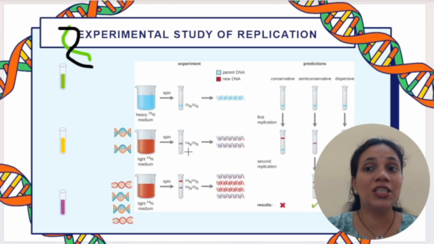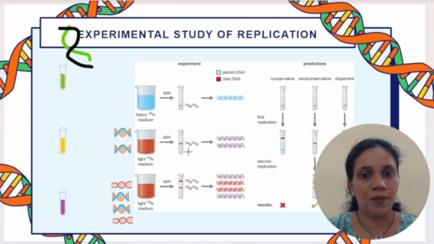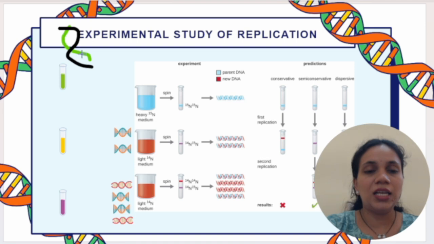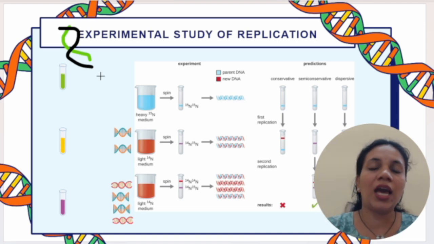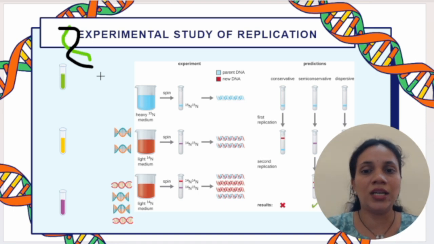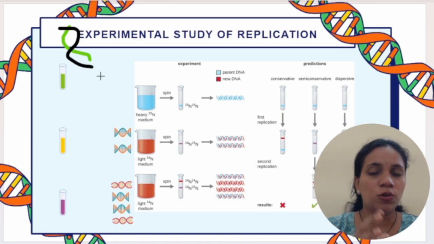So now there was a difference in the density, right? In replication, both the strands of DNA separate out, and each one is going to act as a template, right? In the previous case where N15 was the medium, the newly synthesized strand contained N15, and the old or parental strand also had N15, because for generations they had used that N15.